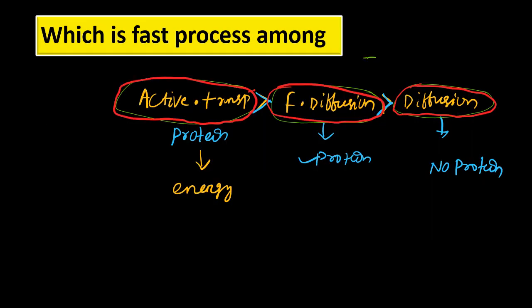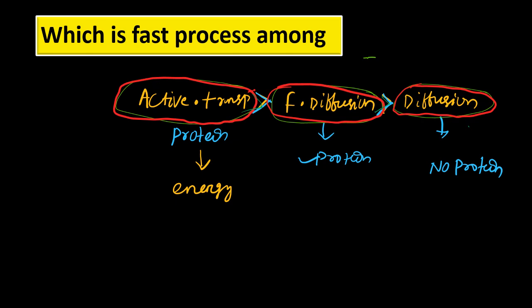Which is the first process among these three processes? The first process is active transport, then facilitated diffusion, then diffusion. Why? Because active transport requires some protein, and this protein involves some energy.